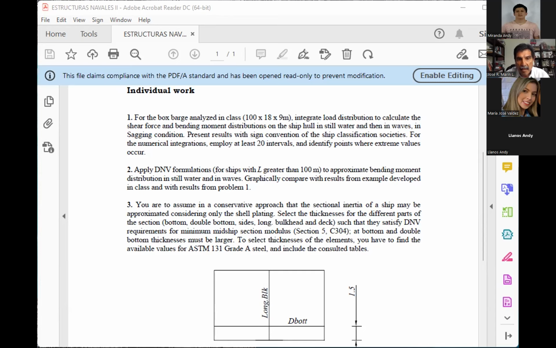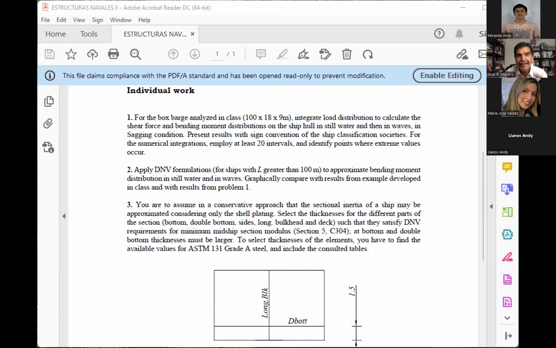Remember, this is not a real ship. This is a box barge. So in general, I don't expect it to be 3-to-1 or 2-to-1. But you have to expect that the weight distribution that we're applying is simplified, and the ship lines are different from the lines of a real ship.